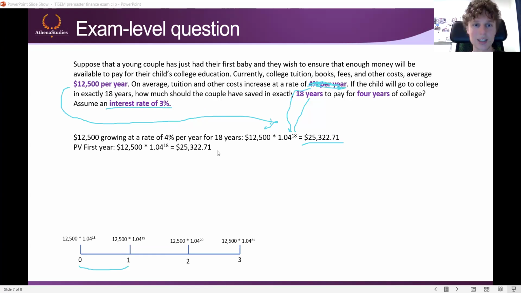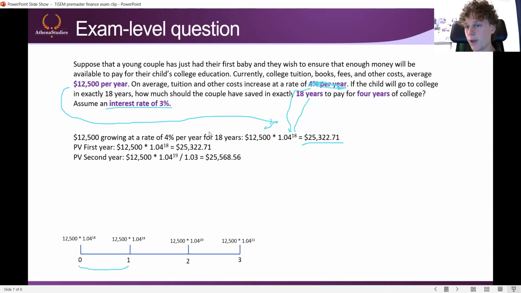Now knowing that, we use our discount formula, which of course looks like this. We have our C divided by (1 plus the interest rate) to the power of the amount of periods. Now our C here is, of course, in parentheses, 12,500 times 1.04 to the power of 19. And that we then divide by 1.03.